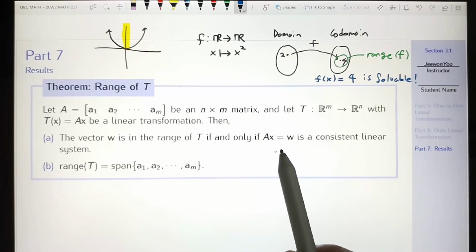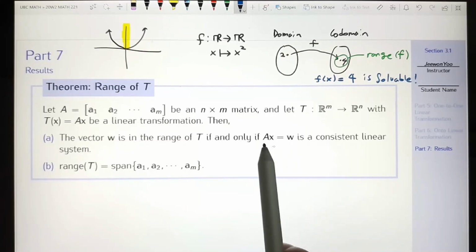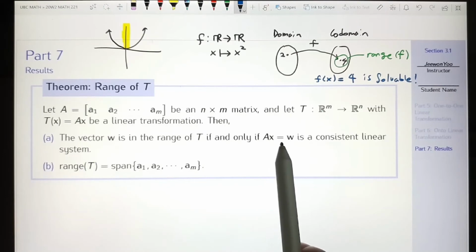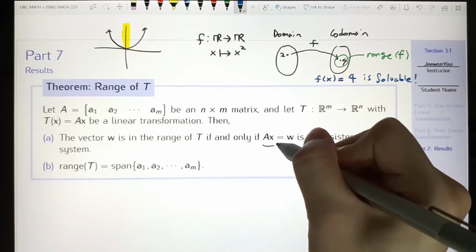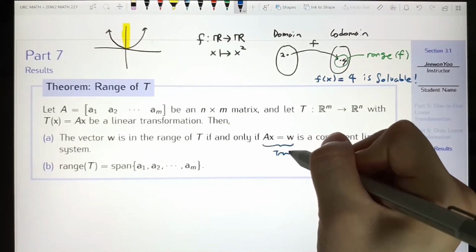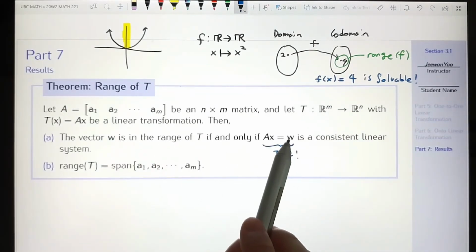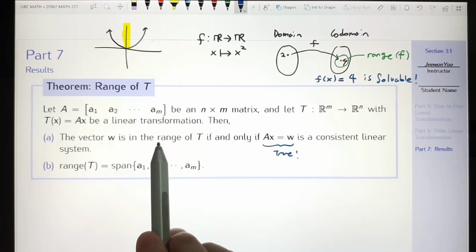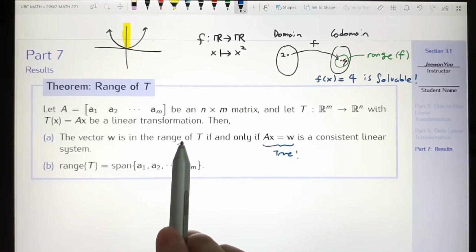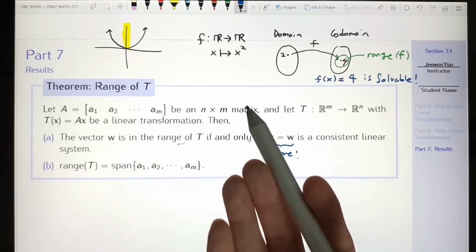And conversely, everyone, if this equation Ax is equal to w is true, then this element w must be in the range of the transformation. Isn't it obvious?